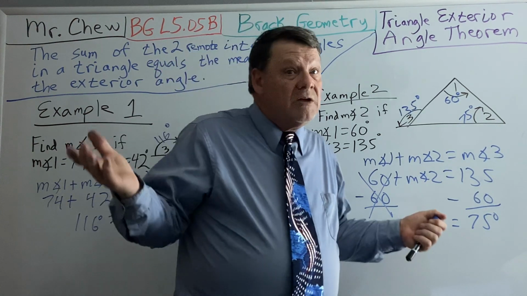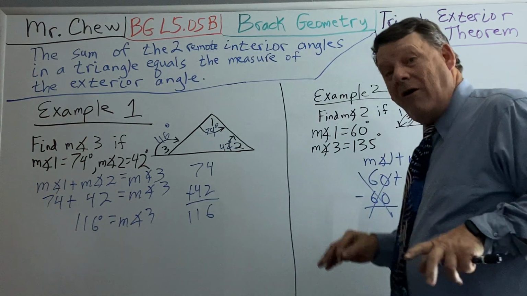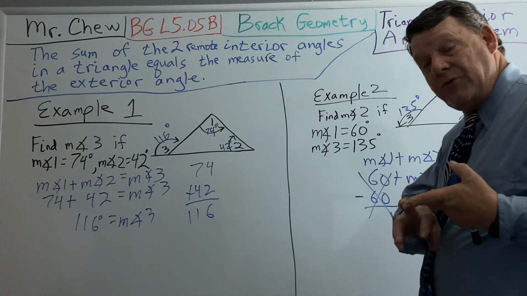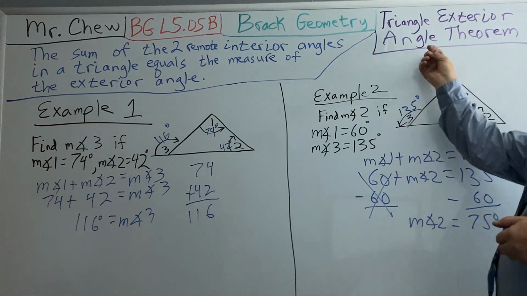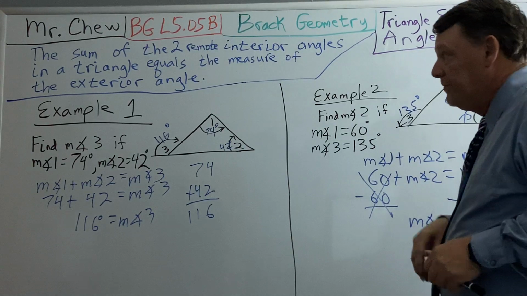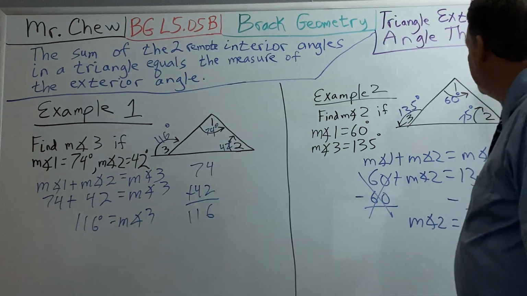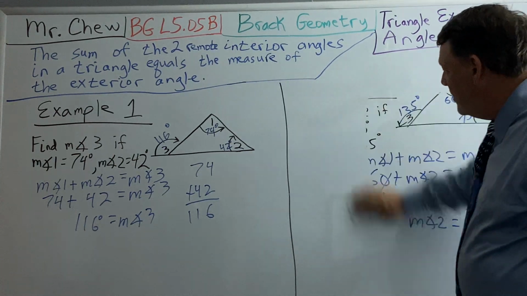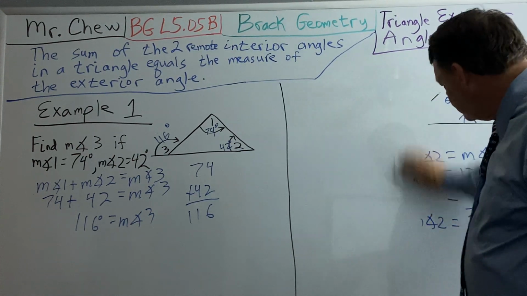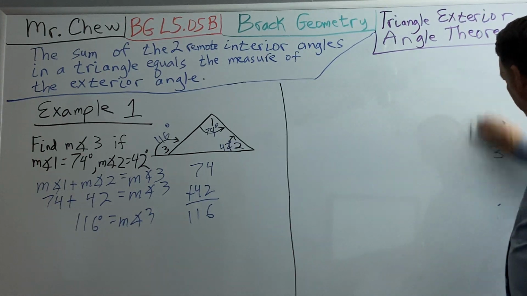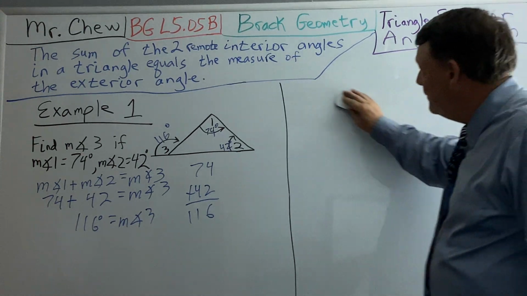All right. So it's not that hard if you can use the simple algebra and know the shortcut triangle exterior angle theorem. Now I have a couple of challenge problems that I want to show you, to give you an opportunity to work them. So I have them on another board and I'll put it up here.